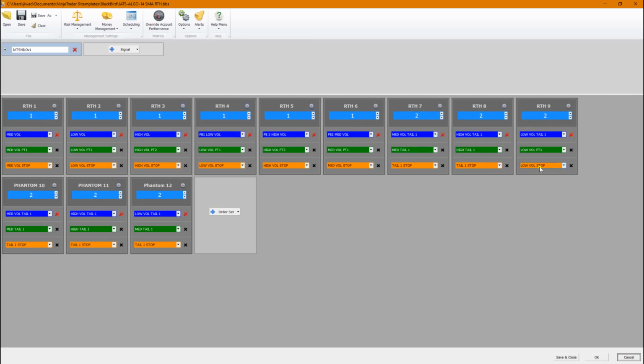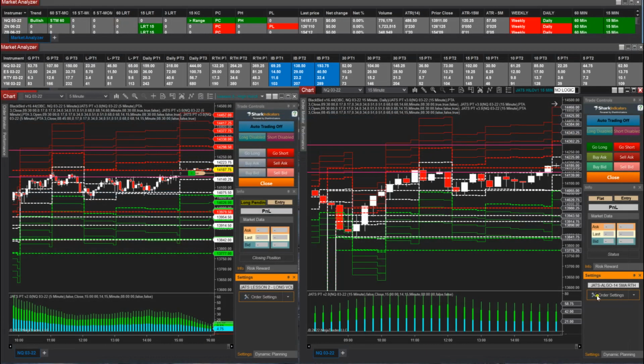The way Blackbird runs is you'll be telling the software to get ready to do something on this order set, but if another order set's stop loss gets hit, this is just still hanging out there, and your platform is going to say long pending or short pending, and it's not going to take any of the other orders that are firing off until that's cleared.